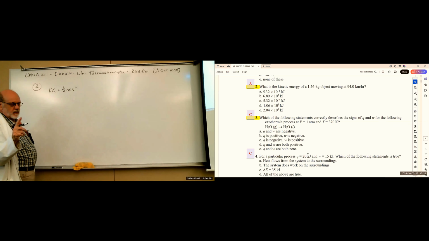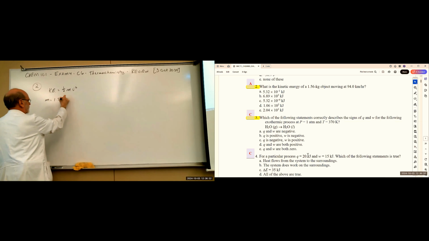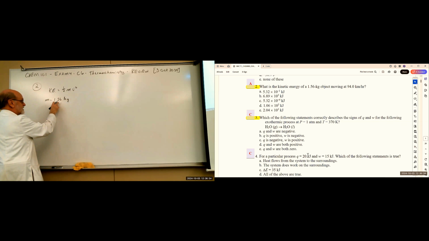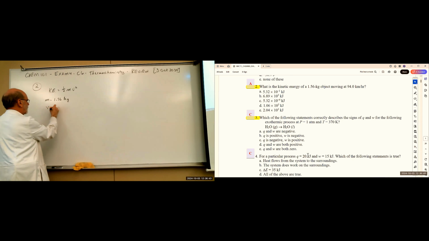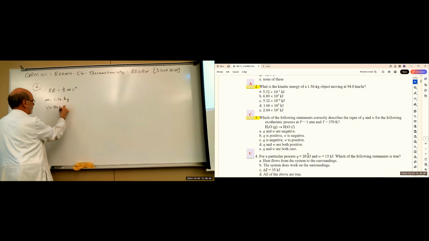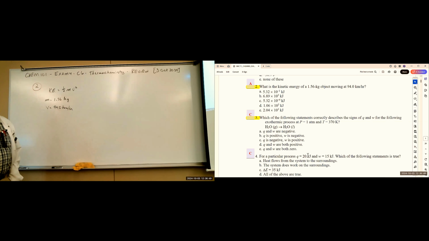We're given a mass of 1.56 kilograms. That is in SI units, so we can leave that one alone. 94 kilometers per hour. All right, that's in non-standard units.